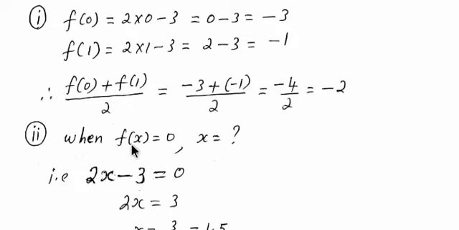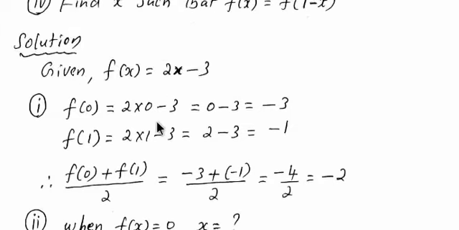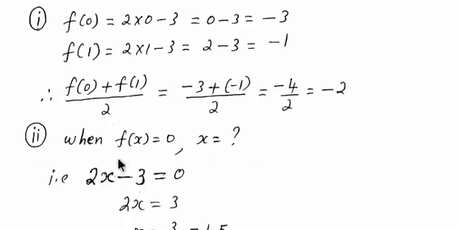Then substitute f of x is equal to 2x minus 3. What's the value of f of x? F of x is nothing but 2x minus 3. That value can be substituted instead of f of x. Instead of f of x, we can substitute 2x minus 3 is equal to 0.